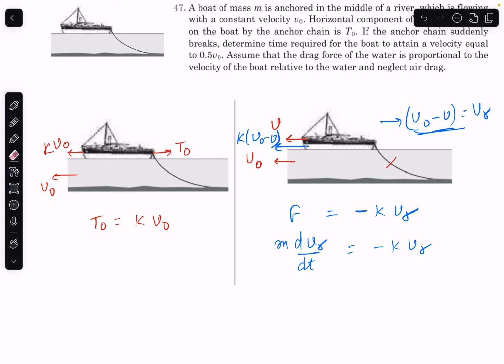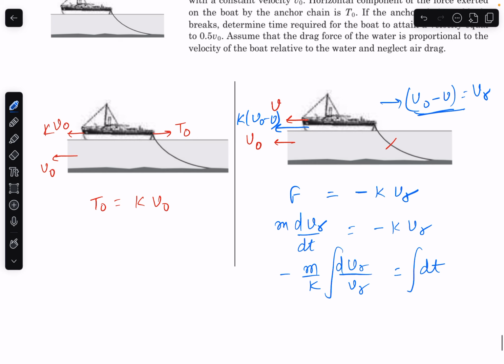If we separate variables, we can write minus m by k into d vr upon vr equal to dt, and if we integrate both sides from 0 to t, on the left side the initial relative velocity is v naught, and finally it is v naught by 2.